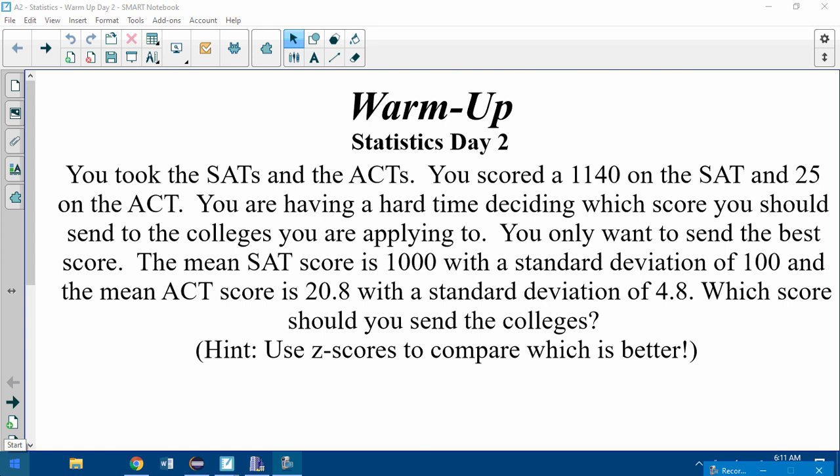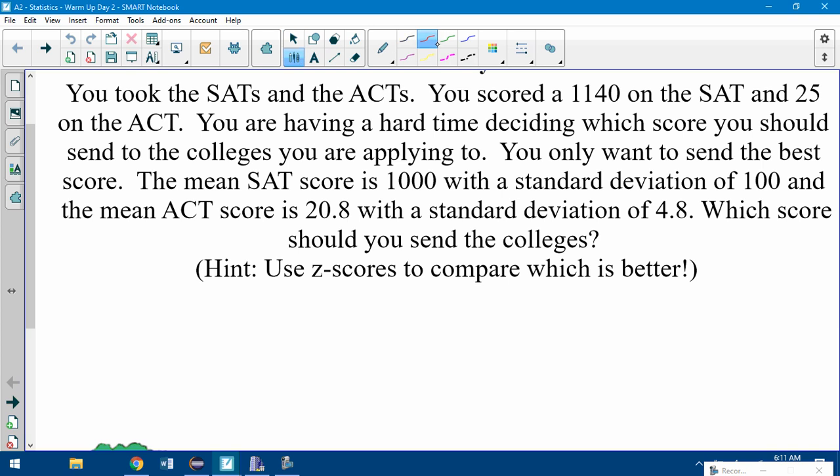All right, you ready to see the answer? Okay. So remember that if you're finding a z-score, you're doing the observed value minus the mean divided by the standard deviation. That's the formula we learned yesterday.